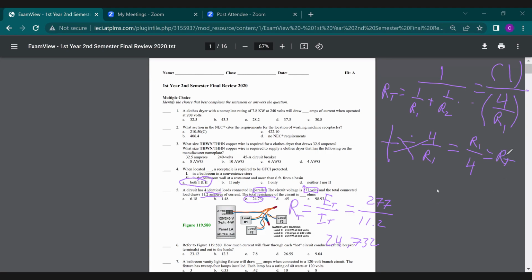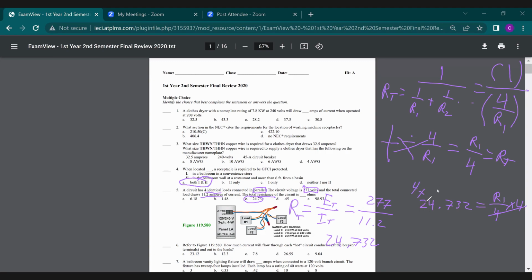Now, if we have our total, 24.732, and we know that R1 divided by 4 equals that, if I want to find R1, I'm going to multiply this right side by 4 to cancel these out. If I do it to one side, I have to do it to the other, multiply by 4.